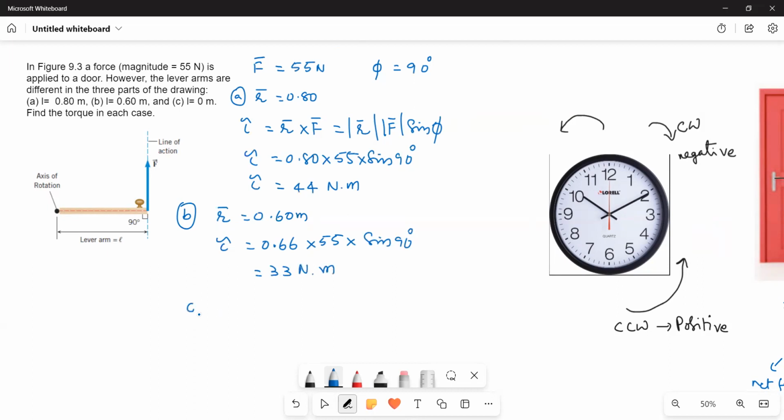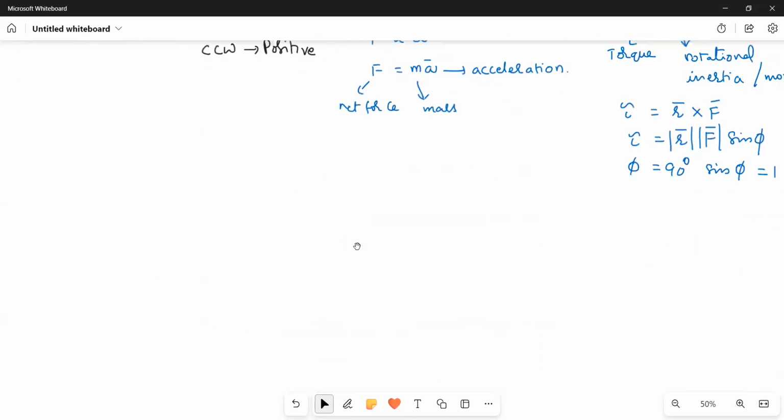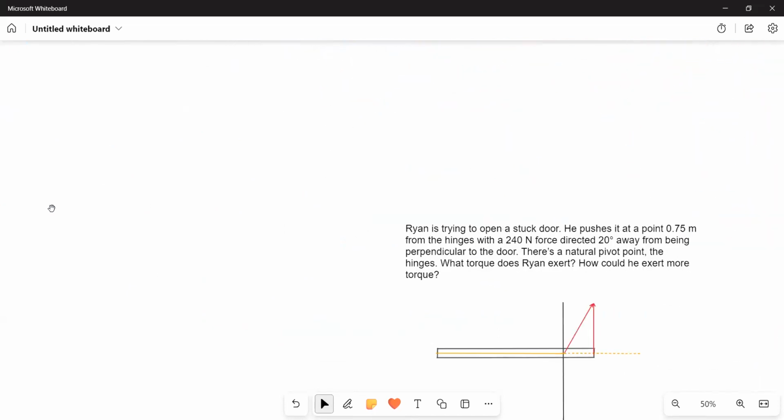Whereas in the third bit, R bar is equal to 0, which implies tau is equal to 0. So from this problem, we can see that even though the force and the angle are the same, if the distance changes, the torque will change. We will see one more simple problem, and then we will close the session.